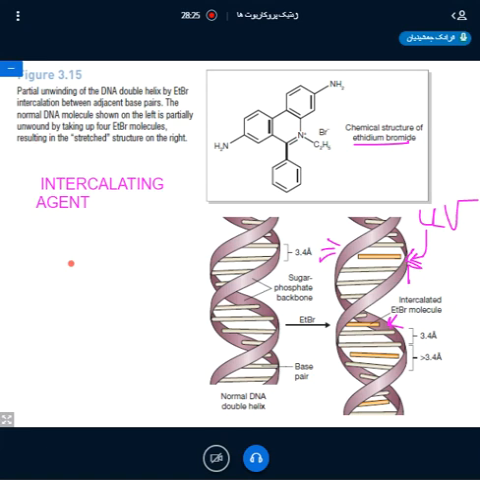If I add ethidium bromide to a chromosome of a bacteria and to a plasmid, what will happen? The density will change.